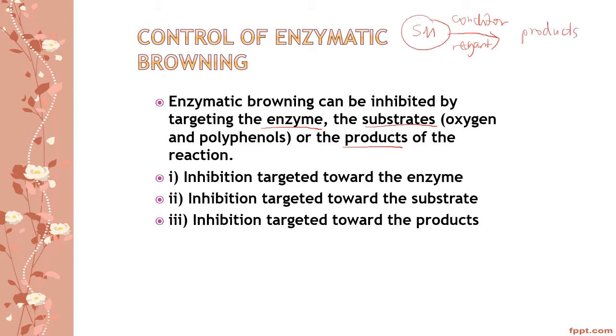So these are three things that you can control. The first alternative is inhibition targeted toward the enzyme, the second is inhibition targeted towards the substrate, and the third is inhibition targeted towards the product.